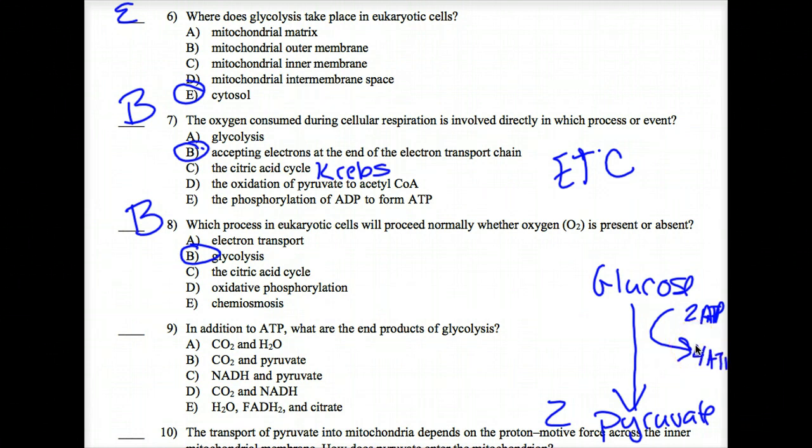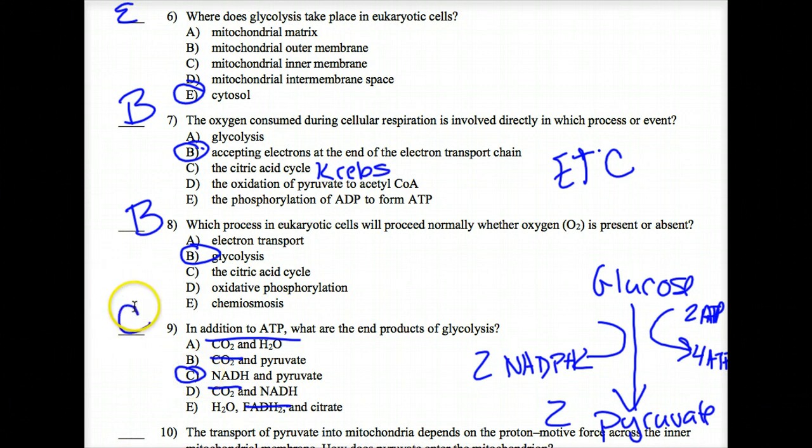So your net there is 2 ATP. And then you're also going to get out 2 NADH. So what am I making at the end of glycolysis? I'm making pyruvate, NADH, and ATP. I'm not making carbon dioxide. I'm not making FADH. So I'm making NADH and pyruvate. That's my answer.